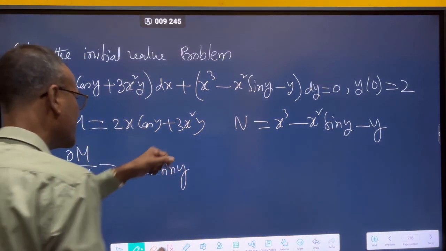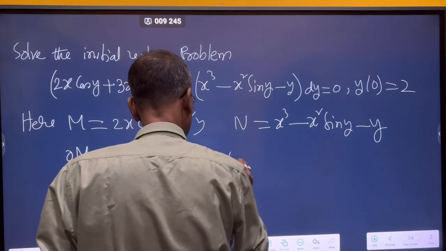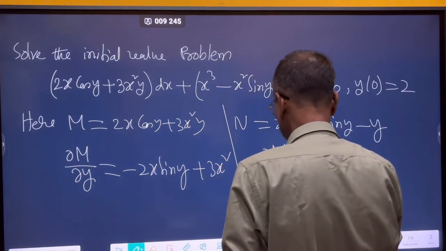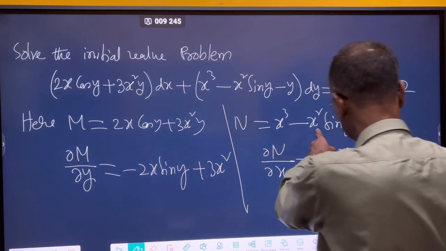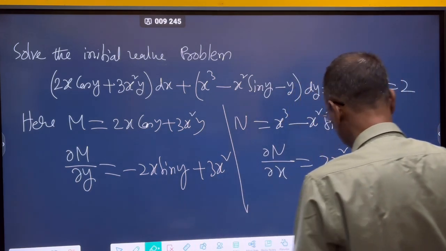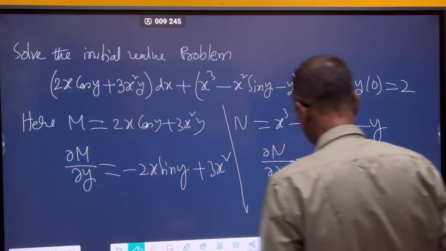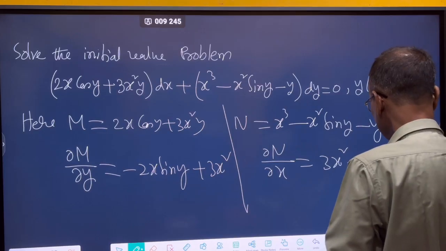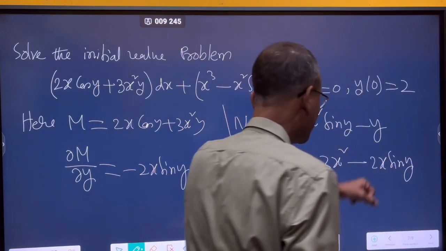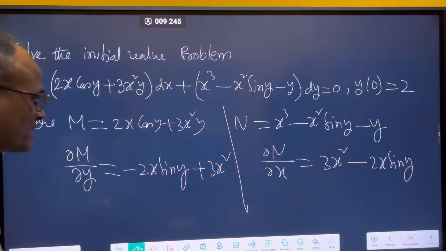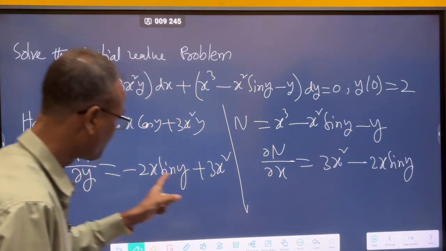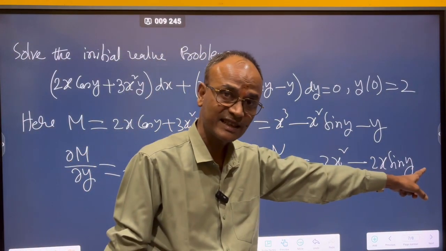With respect to y, thrice x square. And del N by del x will be thrice x square minus twice x sin y; with respect to x, the y term will be 0.